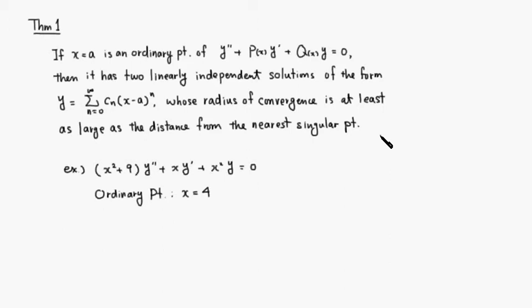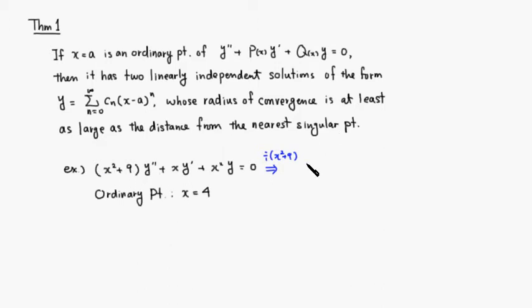Right? So let's look at this example. So you have this differential equation and the ordinary point, let's say x equals 4. So first thing I would do is I'm gonna divide through by quantity x squared plus 9, so that I can have a 1 as a coefficient of y double prime.